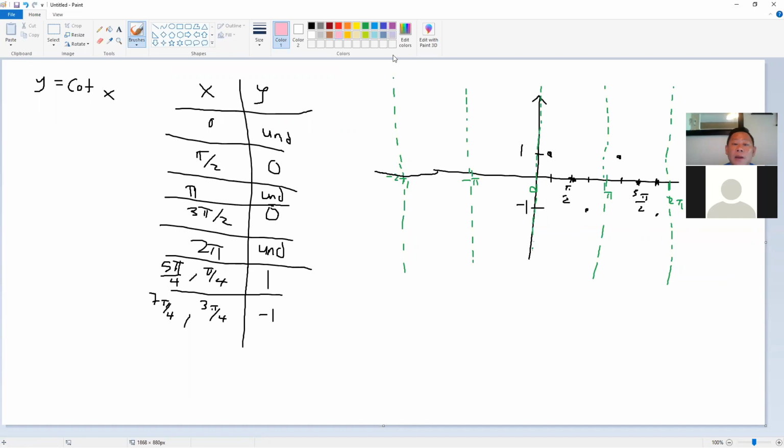So I'm going to use a pink one. So this line that I draw is a cotangent graph. So it looks like a cubic graph that is being reflected on the x-axis. So this is going to be the same as everything. And since this is pi over 2, this will be negative pi over 2.